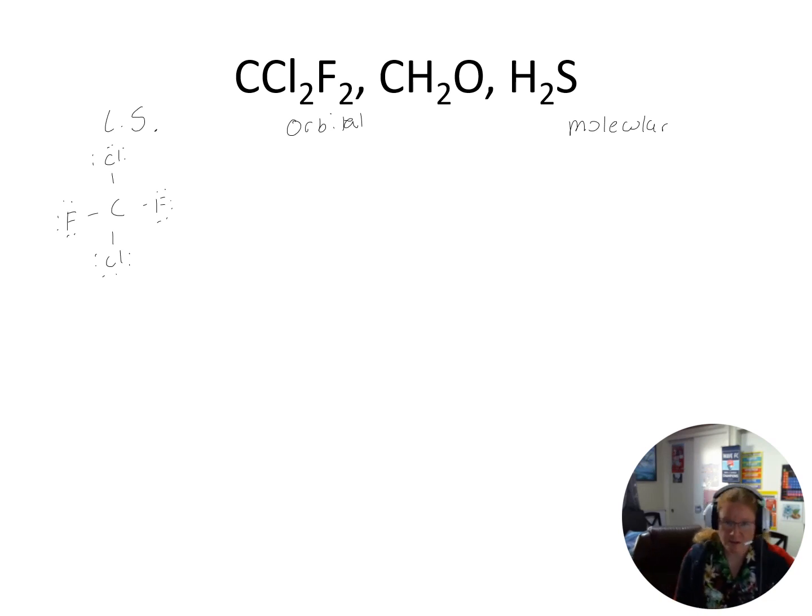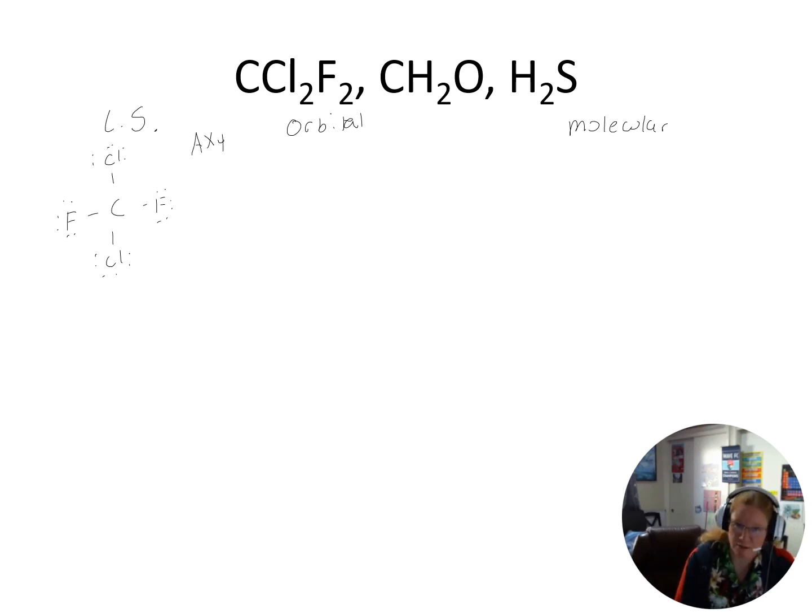So here we'll do the Lewis structure. We'll do the orbital and molecular. All right, so this one looked like this. Okay, so I have 4 bonding groups and no non-bonding groups around my central atom.